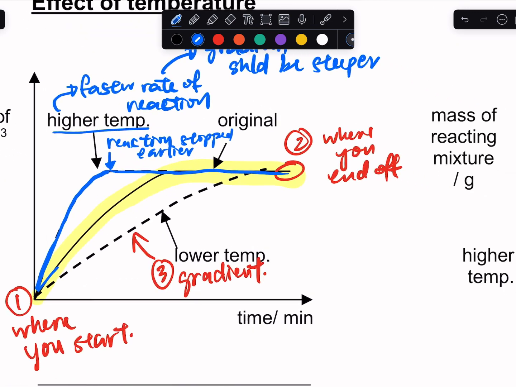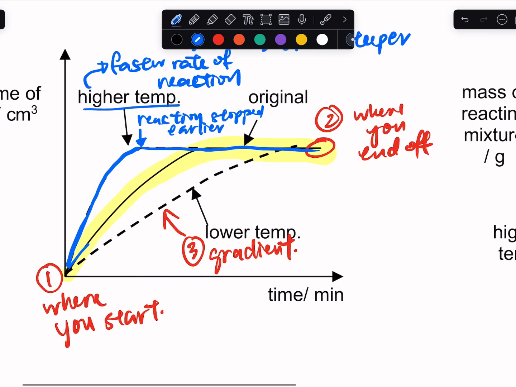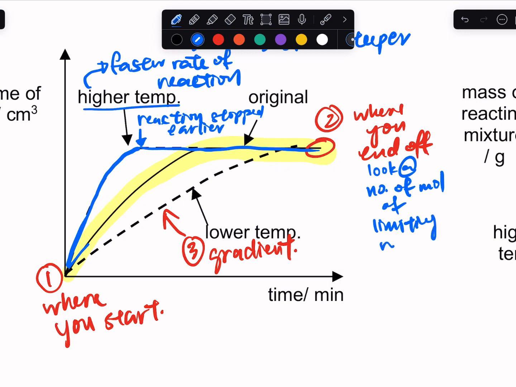Now, the total volume of gas evolved is dependent on the number of moles of your limiting reactant. So if the number of moles of limiting reactant doesn't change, where you end off doesn't change. So where you end off, this one must look at number of moles of limiting reactant.